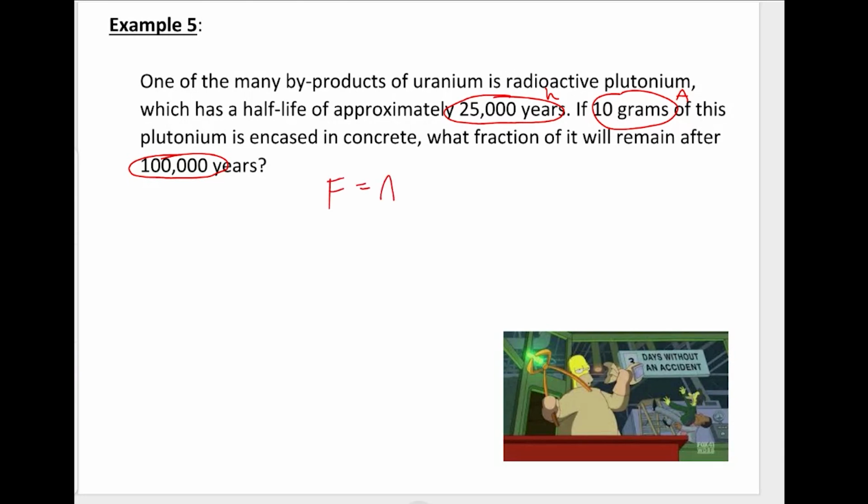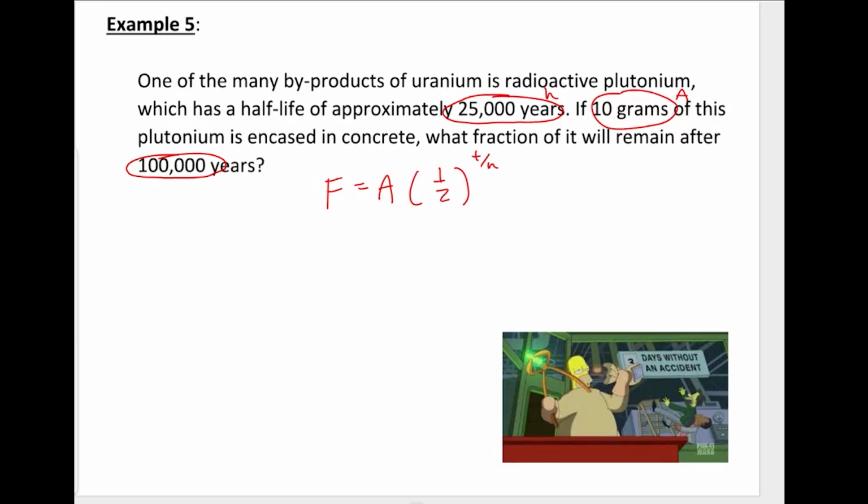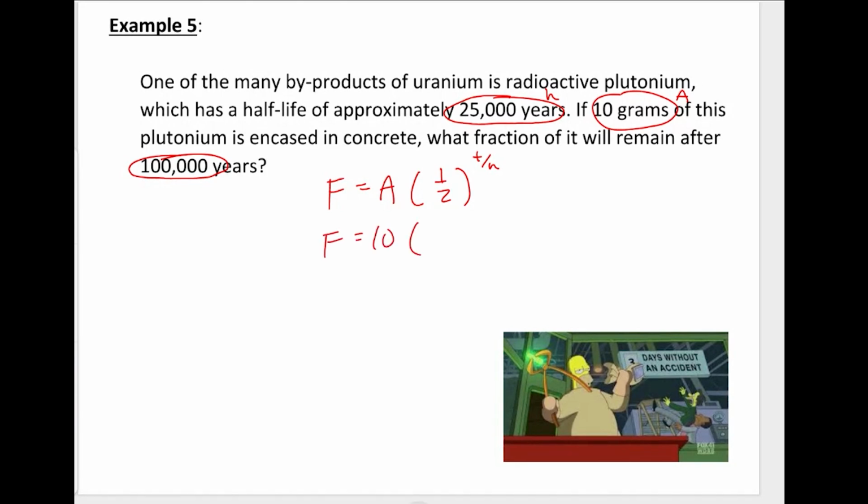So our final amount equals the initial amount times 1/2 to the power of T over H, which represents the total number of half-lives that have occurred. Our initial amount here is 10. The time that has elapsed is 100,000 years. It's a very long time.